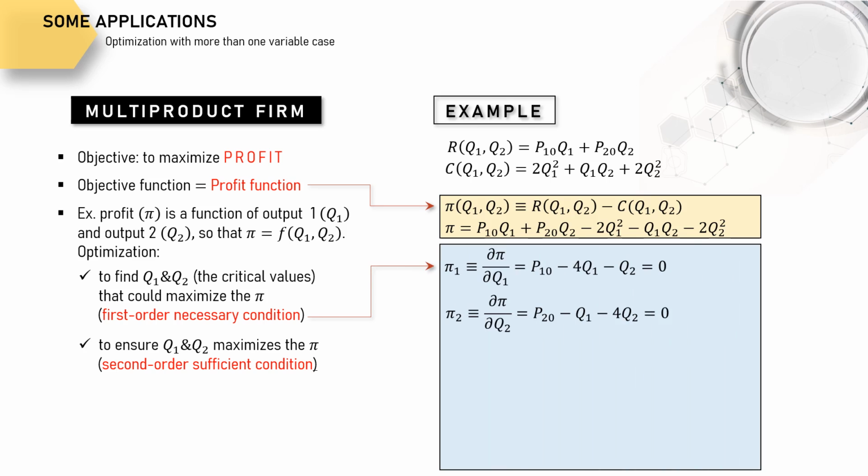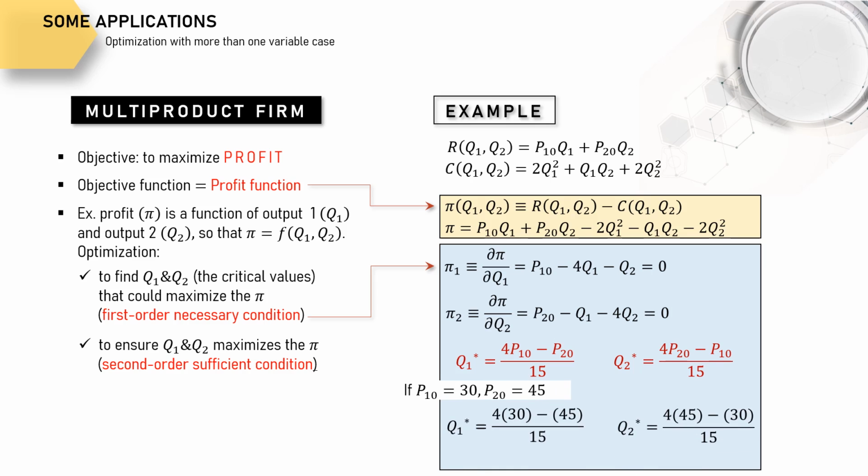We partially differentiate P, the objective variable, with respect to Q1 and Q2, the choice variables. Using simple substitution or elimination, we obtain the reduced form of both Q1 and Q2. If, for example, output price levels are 30 and 45 respectively, then we can get the number of output 1 and 2 the firm needs to produce here: 5 and 10.